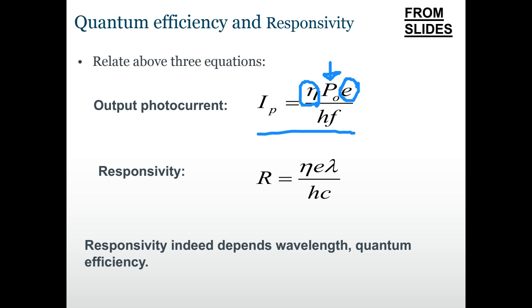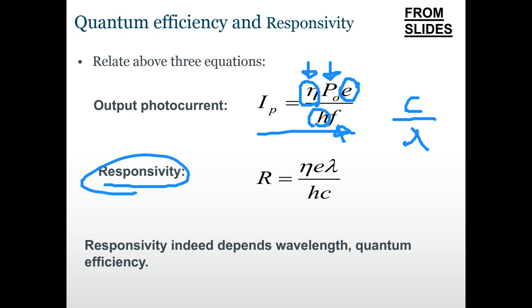Quantum efficiency was given in the exam question, and h is Planck's constant, also given on the exam paper. f is operating frequency, so basically you have speed of light divided by the wavelength. The wavelength is given to you. So responsivity equals: you have the wavelength, quantum efficiency, charge of one electron, speed of light, and Planck's constant.